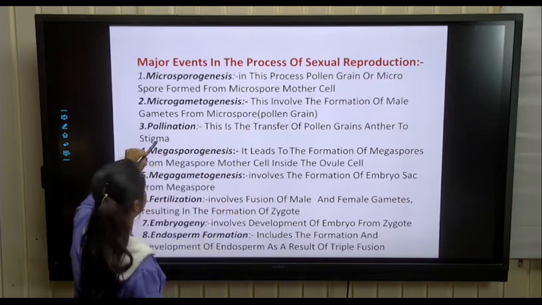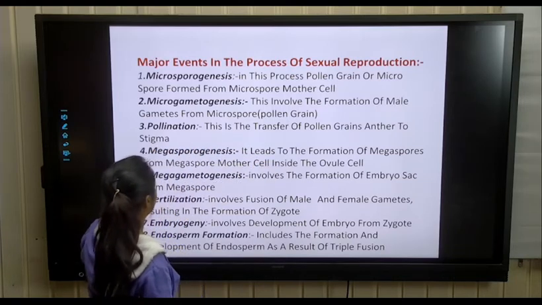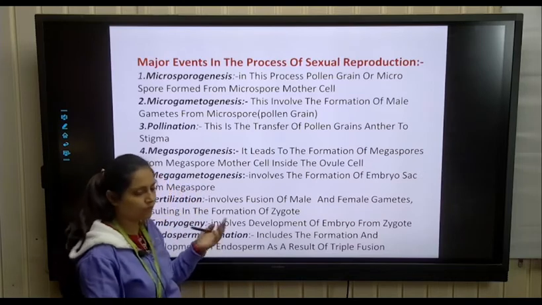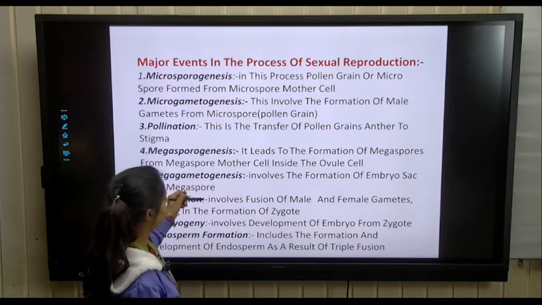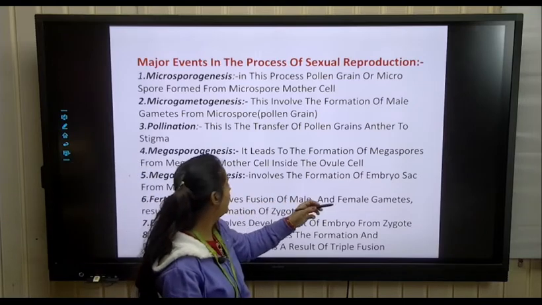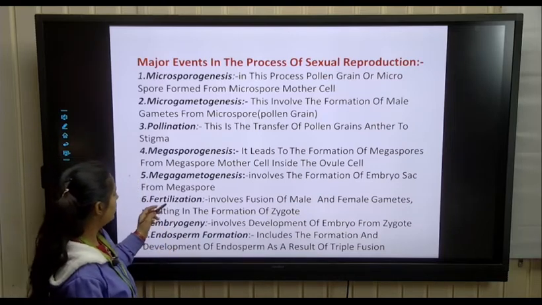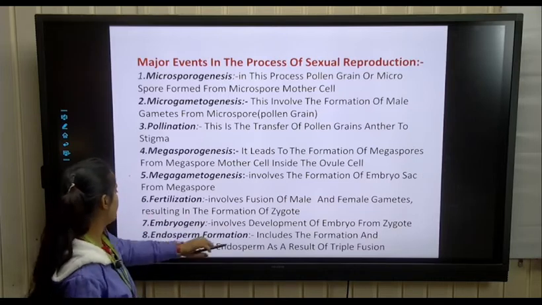Then pollination is the transfer of pollen grains from anther to the stigma, and megasporogenesis is the formation of megaspore from the megaspore mother cell. And then megagametogenesis is the formation of the embryo sac from the megaspore. And then fertilization is the fusion of male and female gametes and formation of the zygote.